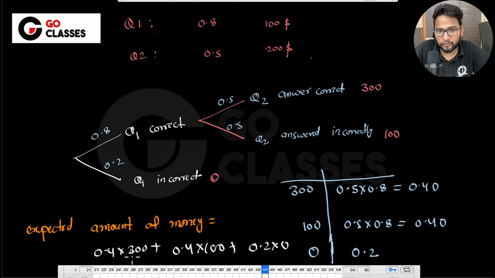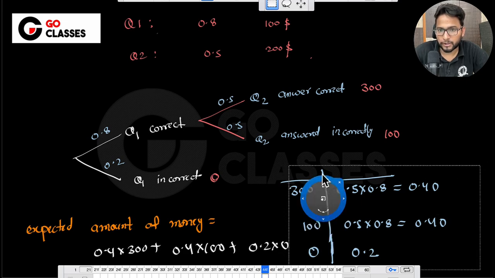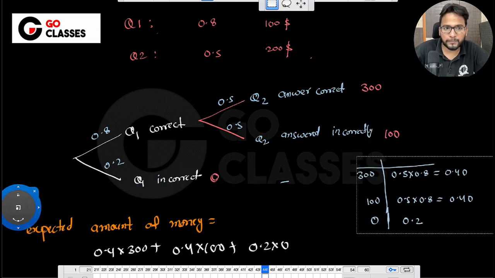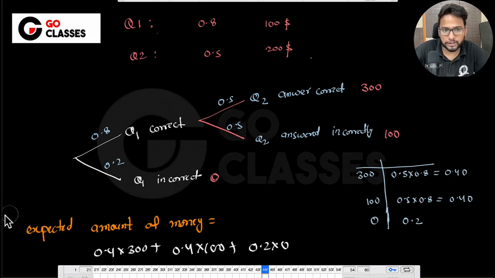So it is 400 into 0.4, which is 160. So in this particular case, you will be winning 160 rupees. If you start with question 1 first, then you have this tree diagram and finally you get 160 rupees.